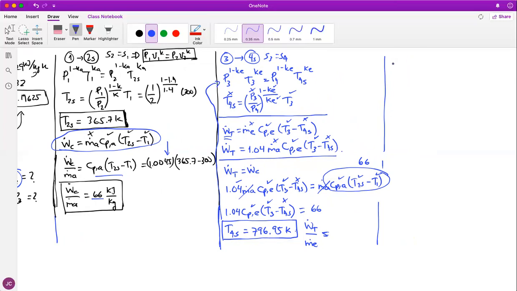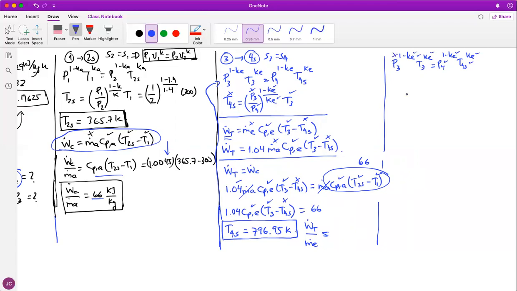Let's say again, P3 (1 minus KE), T3, KE equals P4. I'm just doing the same thing that I have done, so hopefully I'm not boring you. I have KE, I have P4 and I have T4S.